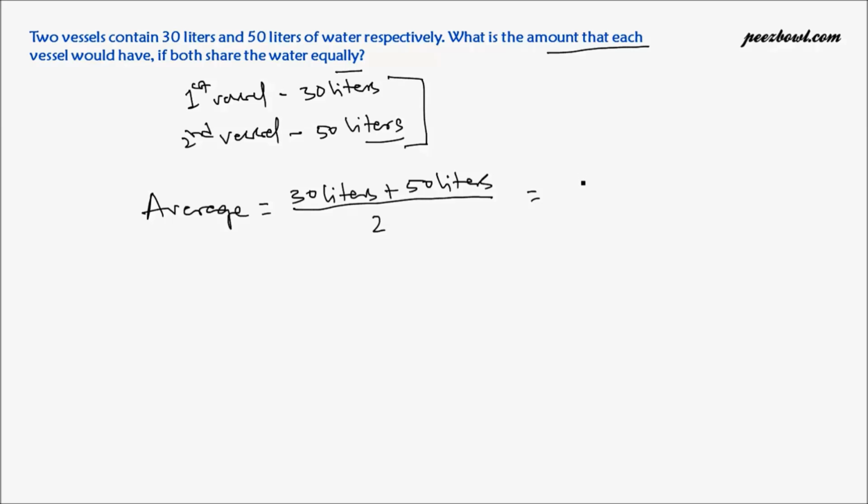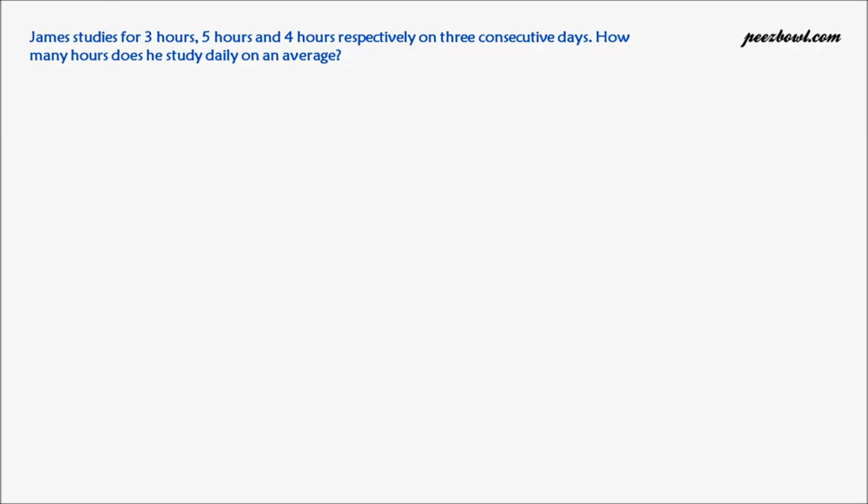This is going to be 30 and 50 is 80 liters divided by 2, which is 40 liters. 40 liters is the amount of water that each vessel should contain if both share the water equally. 40 liters is the answer to this question. Let us explore one more example.